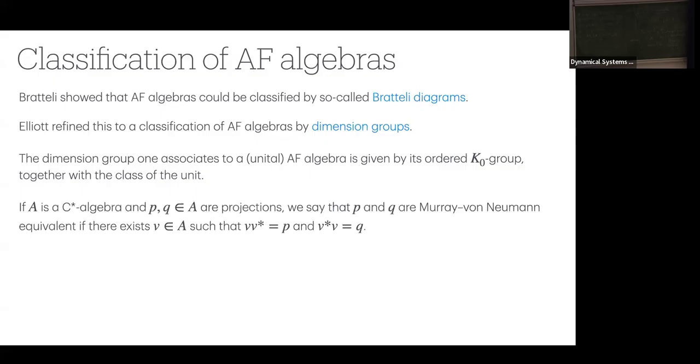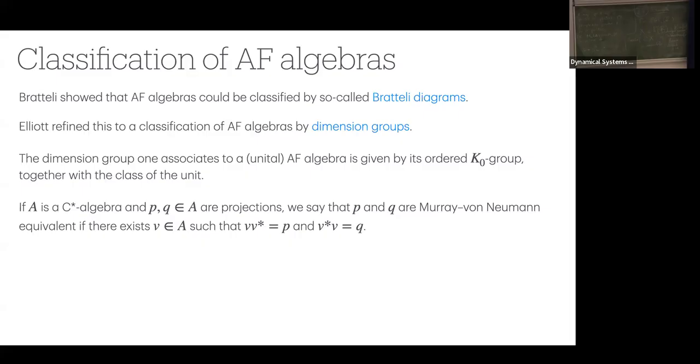In particular, it's basically coming from projections in C-star algebras. A projection just means an element that's self-adjoint and idempotent. It's exactly a projection as you would expect if you're thinking about an operator projecting onto a subspace. And then you say that two projections are equivalent if you can find a partial isometry that moves one into the other, which is exactly what I've written here.